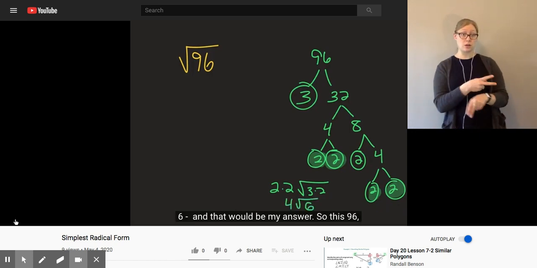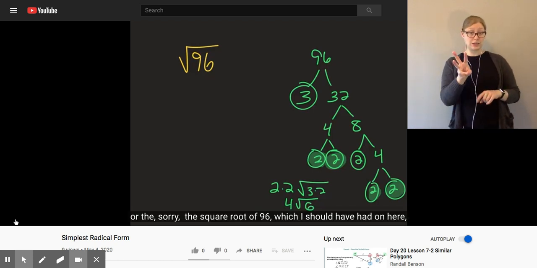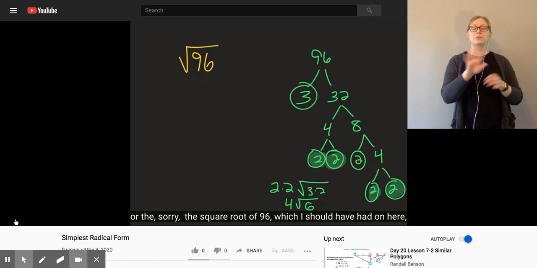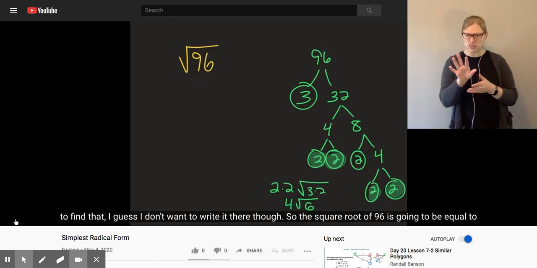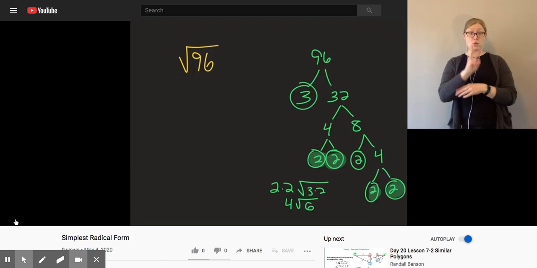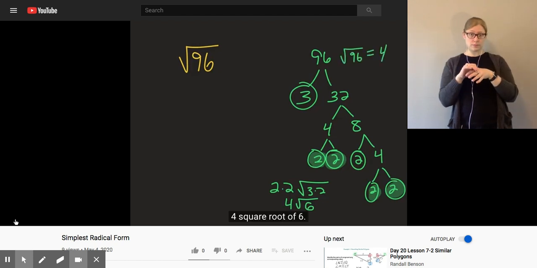And that would be my answer. So the square root of 96 is going to be equal to 4 square root of 6.